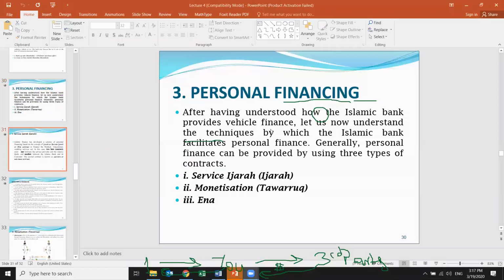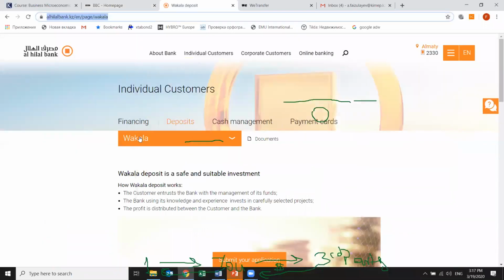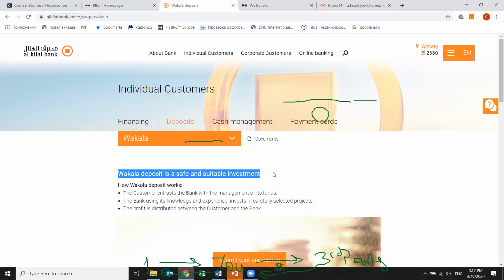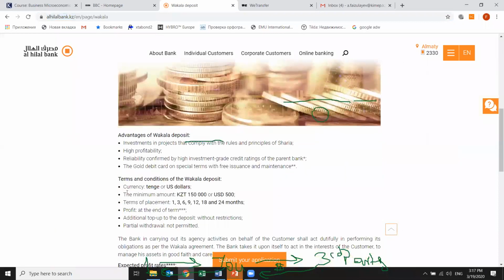Okay. Here's the Wakala and Mudaraba. You see the investment accounts. Wakala is a deposit, a safe and suitable investment. Here's what is given in Al Hilal Bank. Terms and conditions of Wakala deposit.